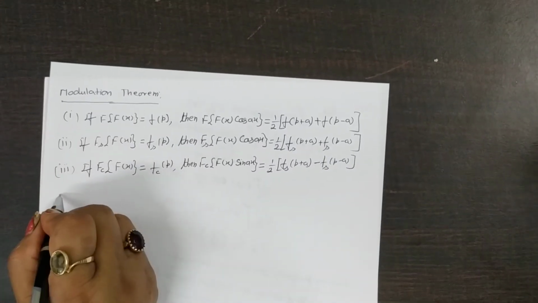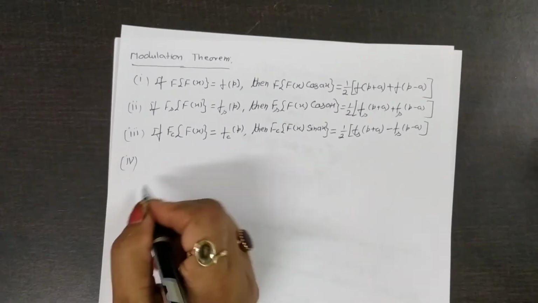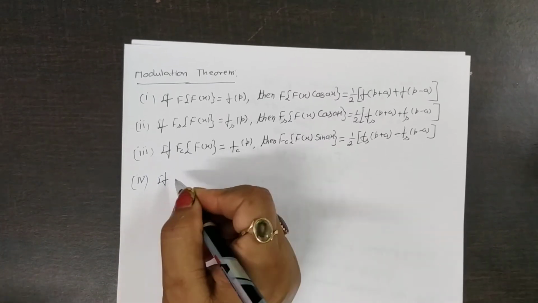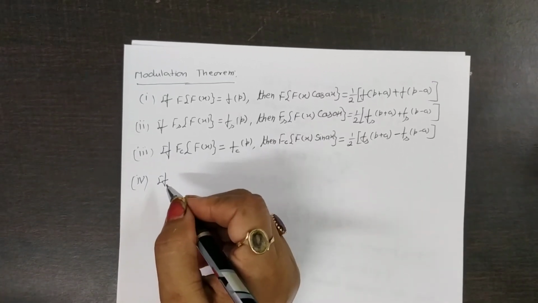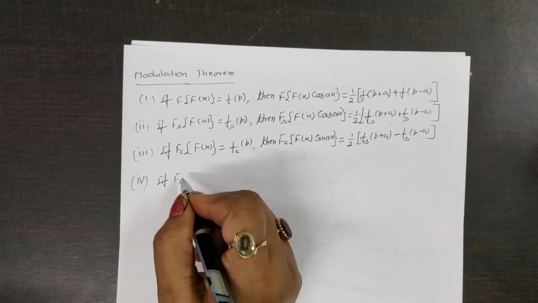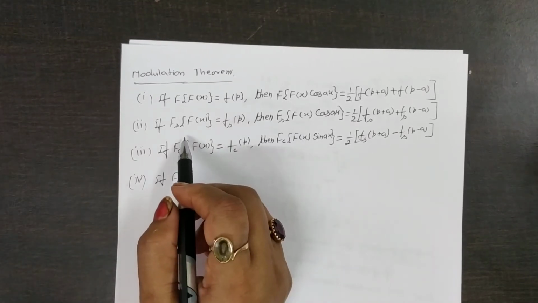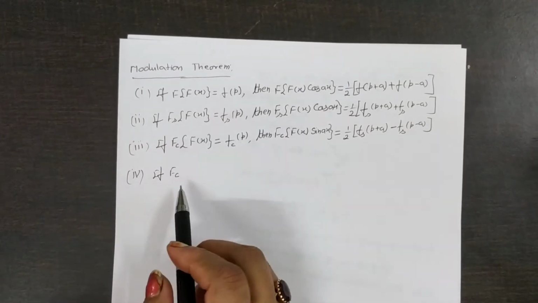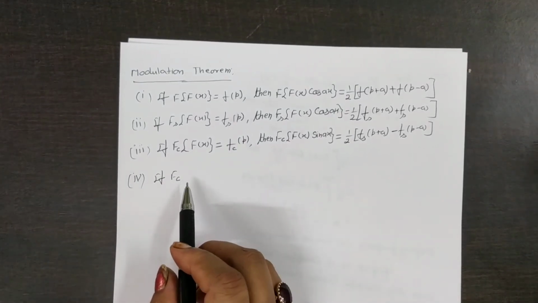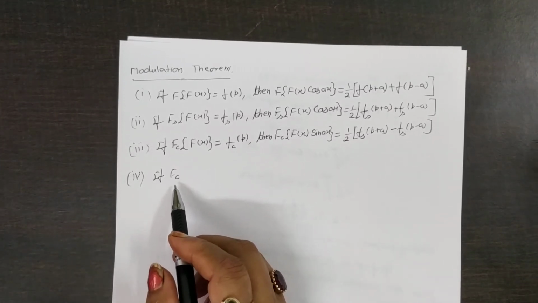Similarly we can prove the next property. Now we have proved it for the sine property, and there is the cos property and again the sine property.